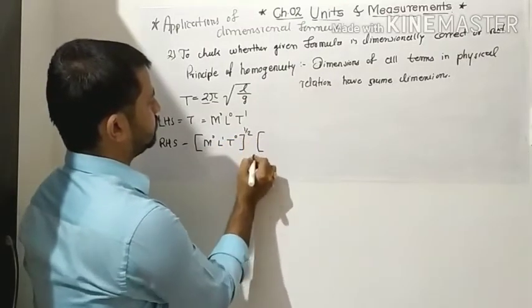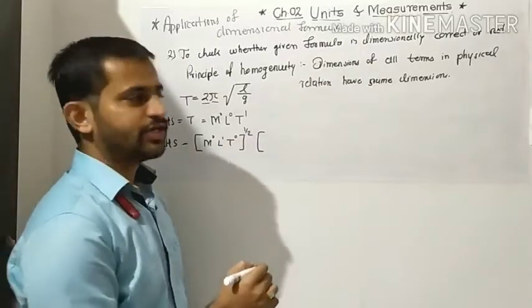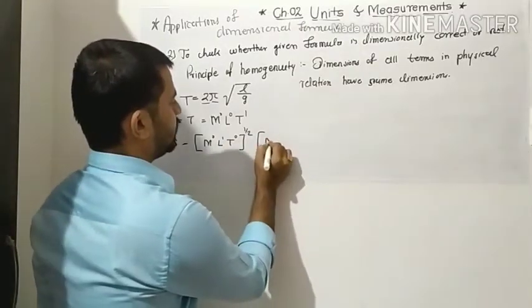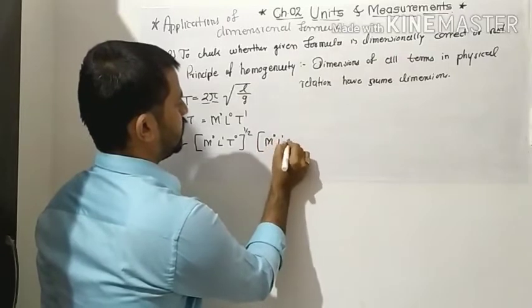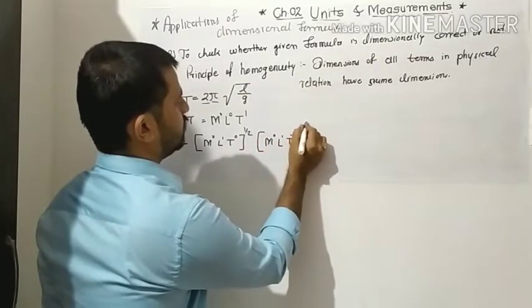And here for the acceleration, what is the formula? m raised to 0 L raised to 1 t raised to minus 2, raised to minus half.